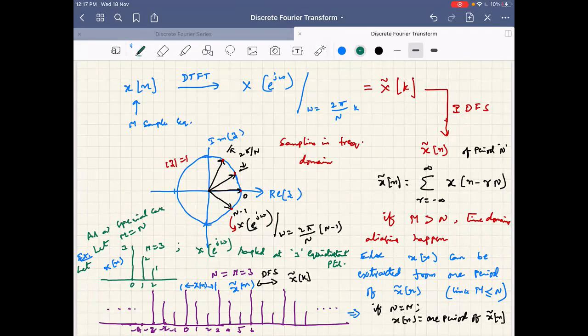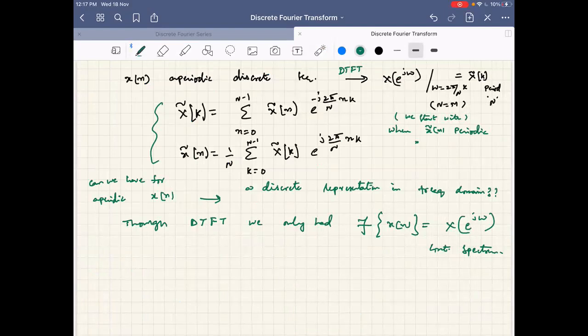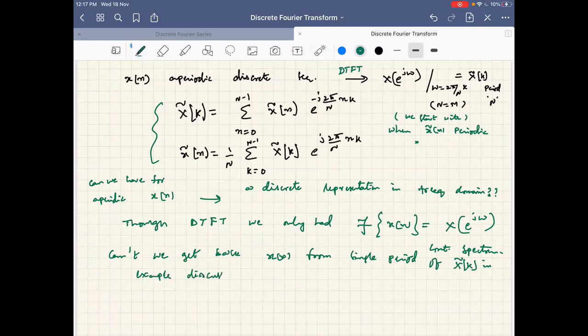If we have one period of x tilde of k alone, which we assume to be x of k, can't we get back x of n, this aperiodic sequence, from a single period of x tilde of k, in the example discussed or in general? Okay, this is the question.